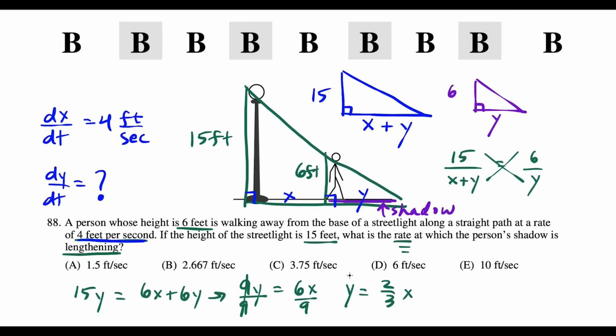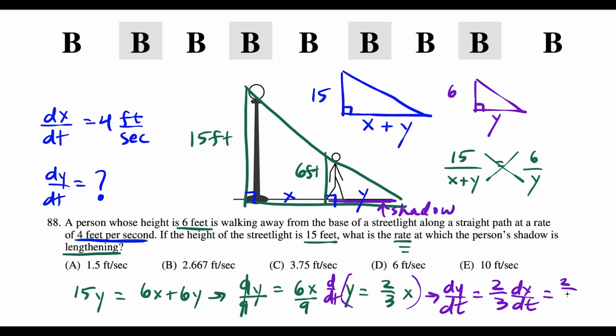So what we do at this step now is take the derivative of both sides with respect to time, and we'll make that a little bit neater. So we're taking the derivative of both sides with respect to time. And on the left side, we're going to have dy dt equals 2/3 dx dt. And then remember, we were told dx dt is 4 feet per second.